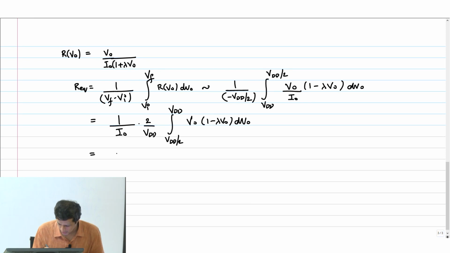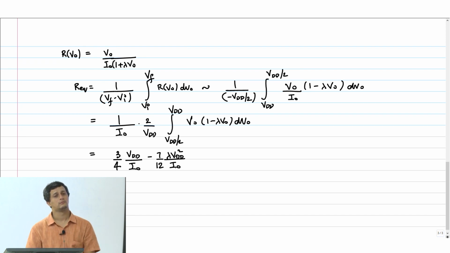You solve the integration and you just get 3 by 4 VDD by I0 minus 7 by 12 lambda into VDD squared by I0, right? This is what we got.